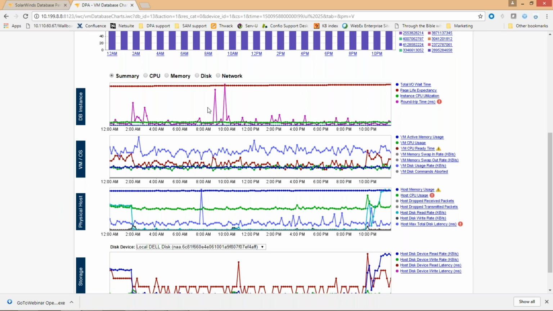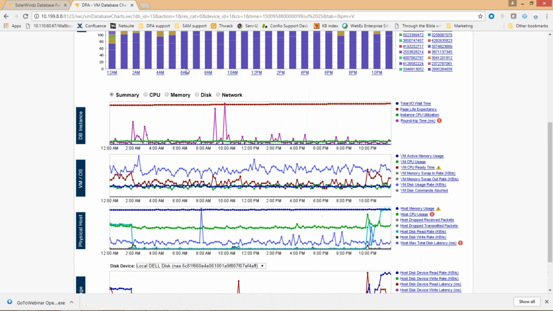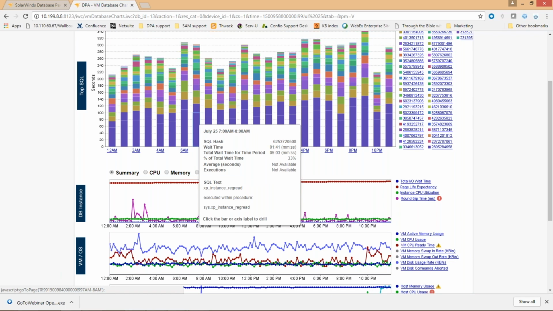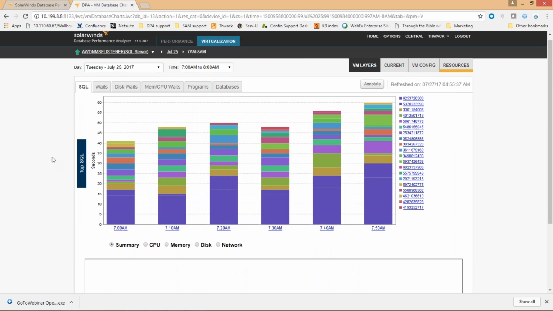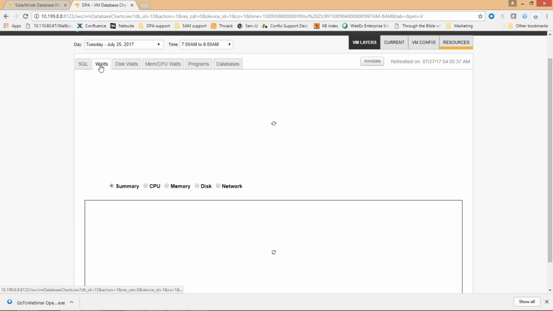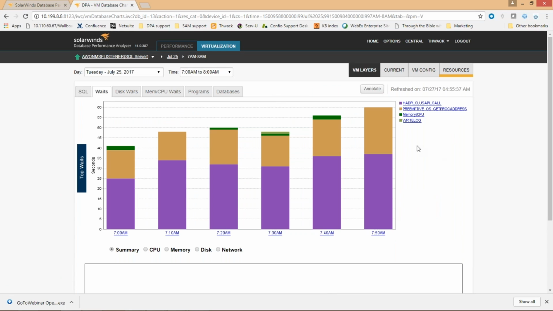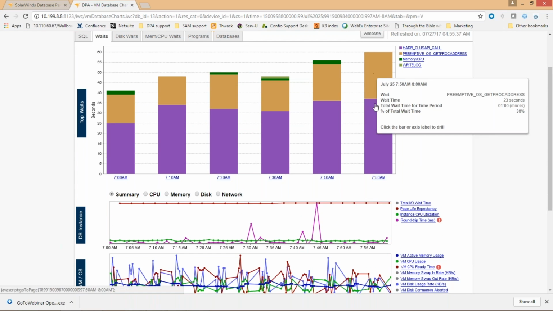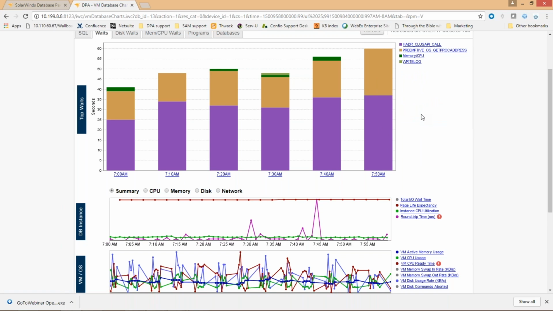But if I were to drill into the 7:50 a.m. time frame and look up above here, yes, there was more disk latency during that particular time, and maybe let's drill in a little bit and see. Maybe I want to flip to my total waits, but we can see that there were more waits here, but it was predominantly an operating system call or a kind of cluster activity.